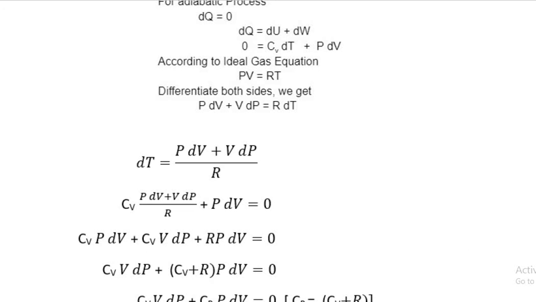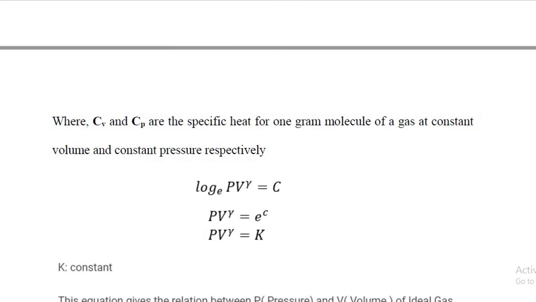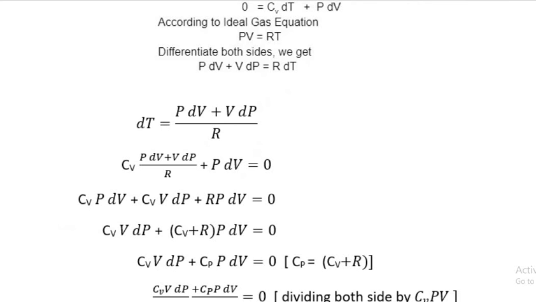Now group the dV terms. So here Cv P dV and R P dV. Group this, so you will get Cv plus R into P dV.